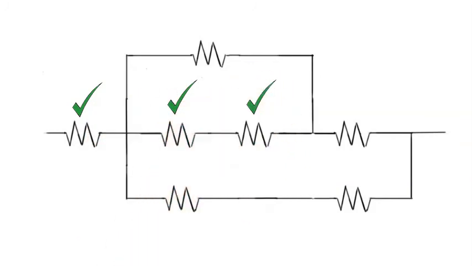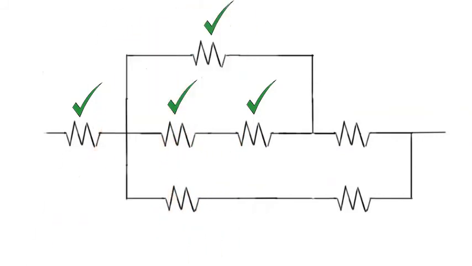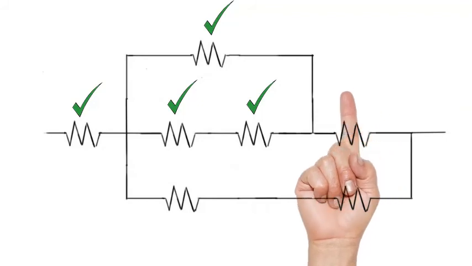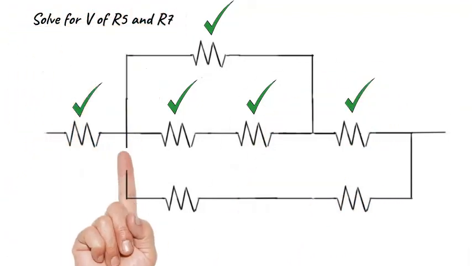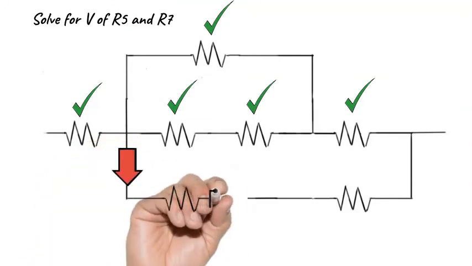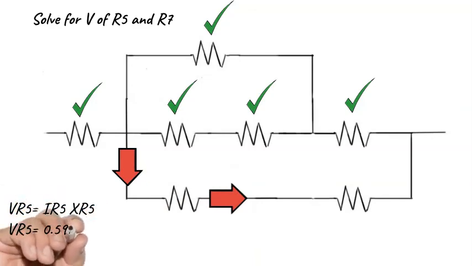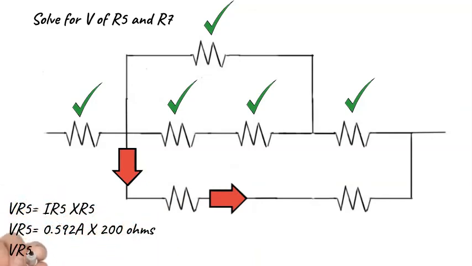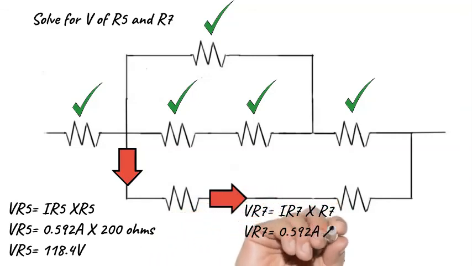And so we can take the current that is going through R5, 7, apply Ohm's law, multiply that current by the ohmic value, and obtain our volt drops for each one of those resistors. And that was the final step.